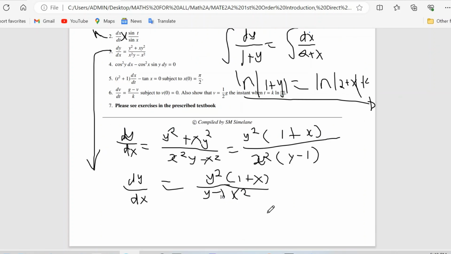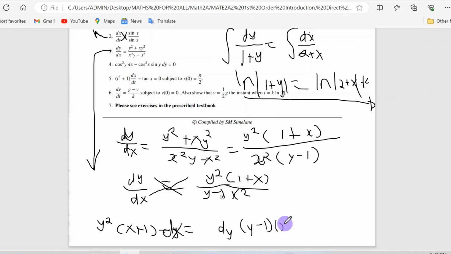Now, what is it that we must do? Let's just do cross multiplication first. So it will say y squared (x plus 1) is commutative, it's not a problem. Then it will be dy (y minus 1) x squared.